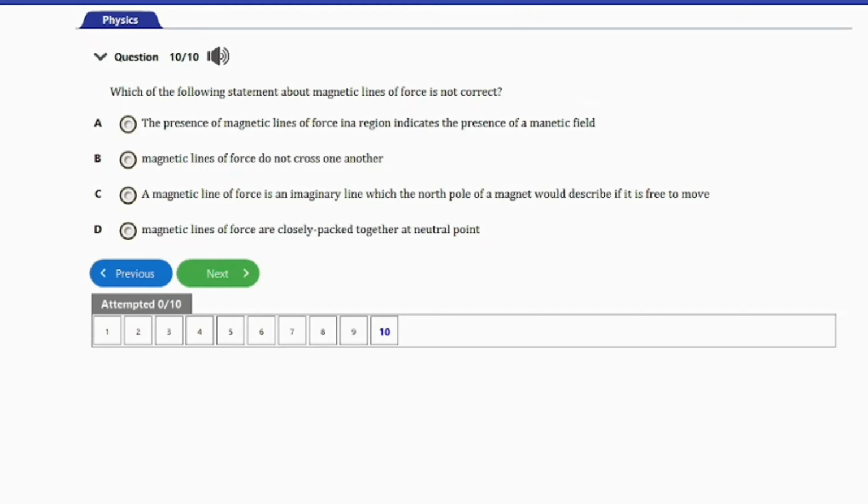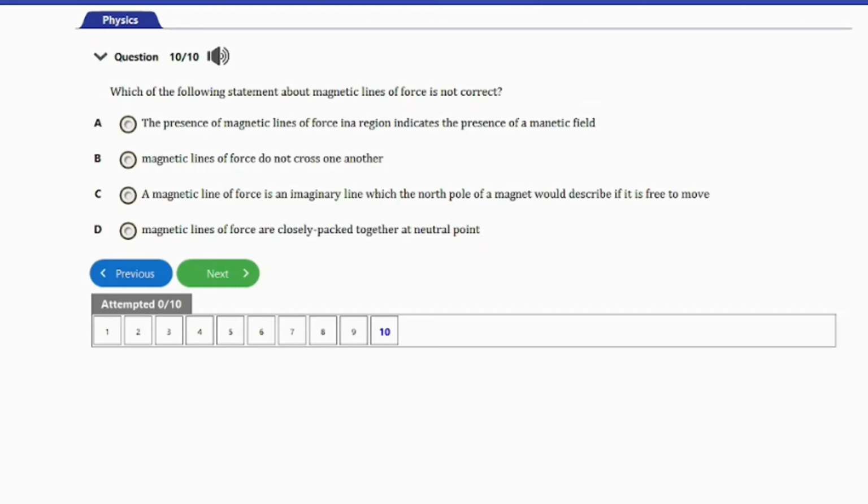We have A. The presence of magnetic lines of force in a region indicates the presence of a magnetic field. B. Magnetic lines of force do not cross one another. C. A magnetic line of force is an imaginary line which the north pole of a magnet would describe if it is free to move.